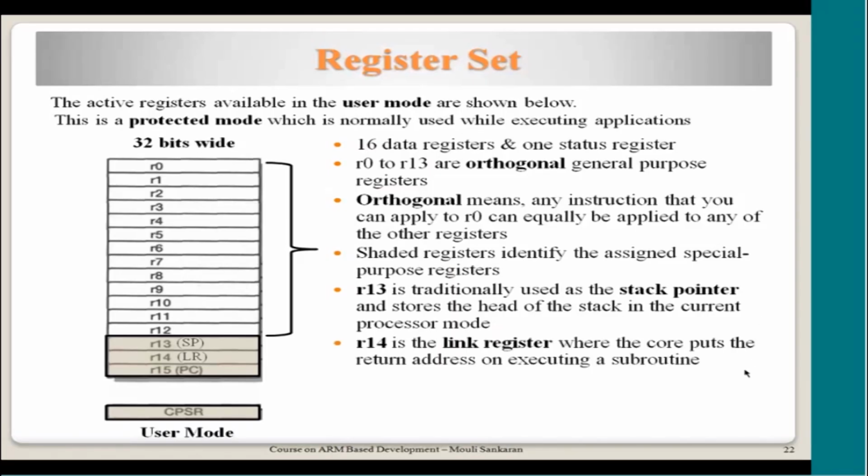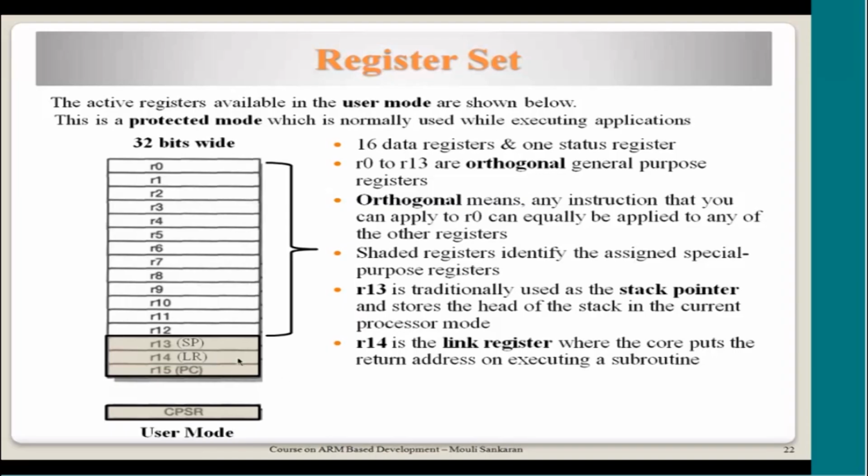And R14 is a link register. I can give you just a brief example of what it means. Suppose there is a subroutine call. We will talk about those things when we get to the instructions. If control is moved to some other place through a subroutine call, the return address, where the processor has to come back after the subroutine is executed, is actually available in the PC, because the PC points from the current instruction.